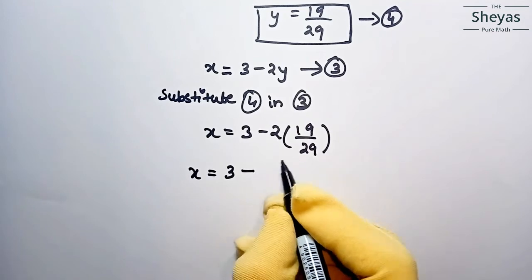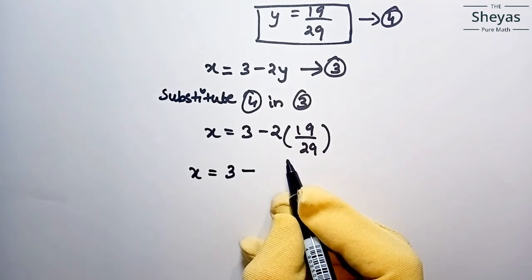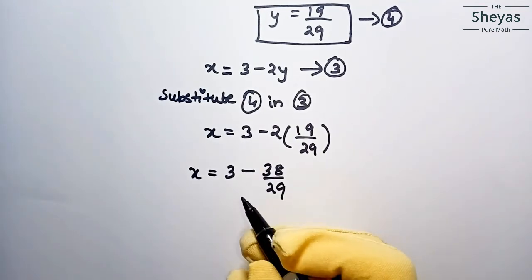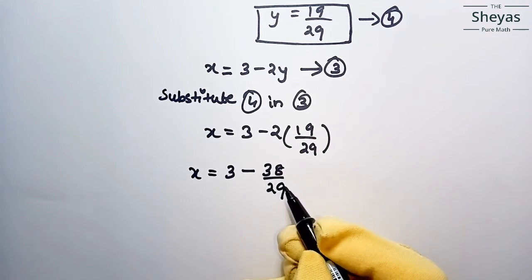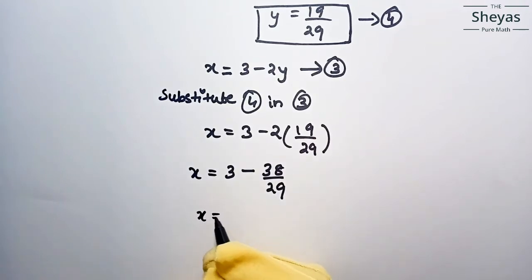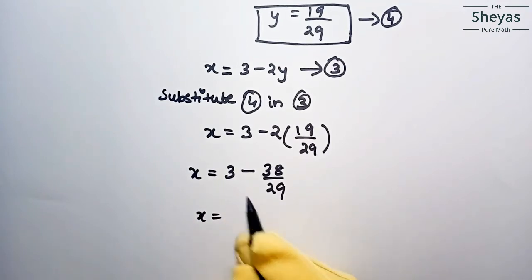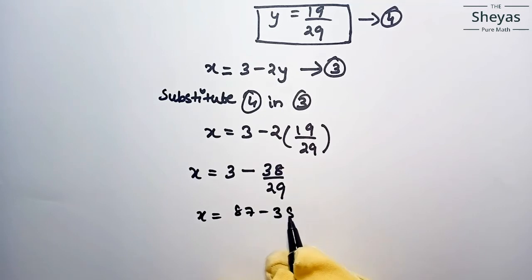So x is equal to 3 minus 2 into 19, which is 38, by 29. And if you calculate 3 into 29, that is 87, minus 38, by 29.